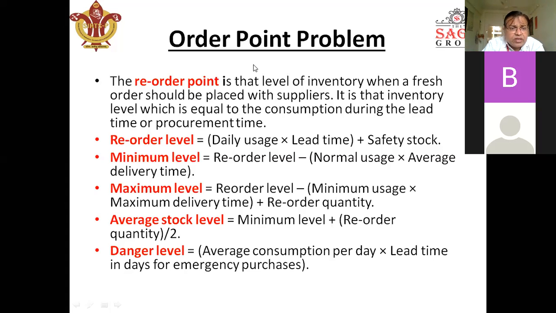Now maximum level, that is reorder level minus minimum usage into maximum delivery time plus reorder quantity. Here you maintain the maximum level thinking that if you get any emergency order or any order which suddenly comes, you are able to fulfill that order at the time of demand.